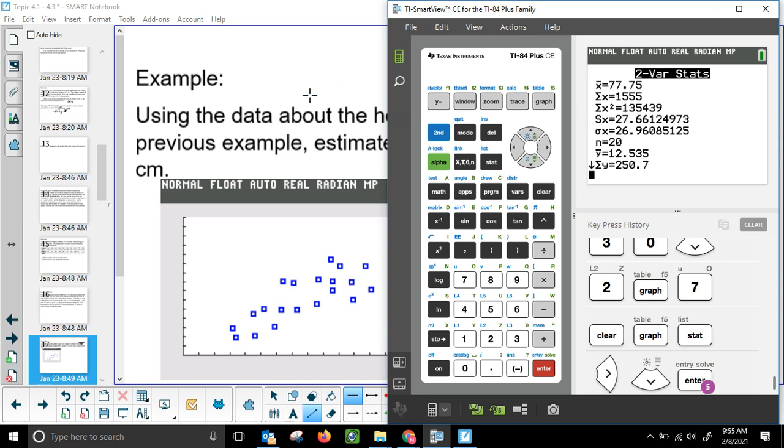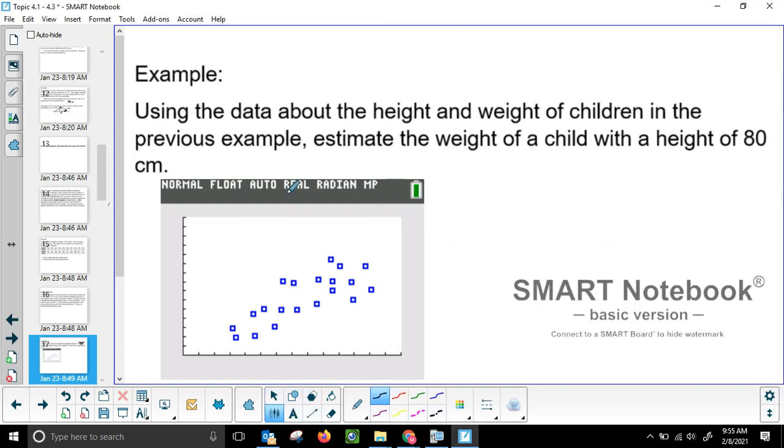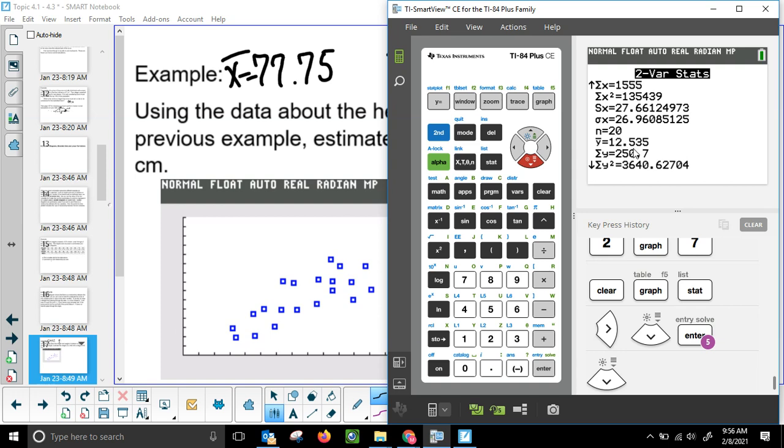Here my x bar is 77.75. And then we can look at the y bar as well, and it's 12.535.